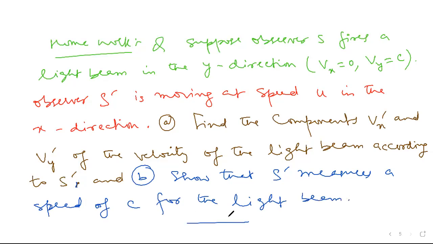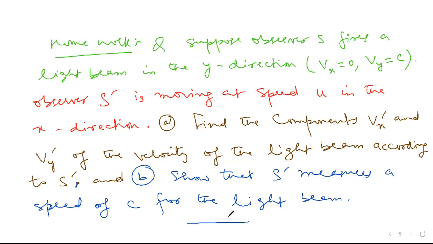Let me check the question. I will repeat it. Suppose observer S fires a light beam in the y direction. Vx is equal to 0, Vy equal to c. Observer S prime is moving at speed u in the x direction.